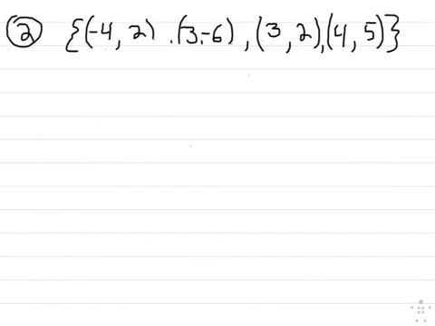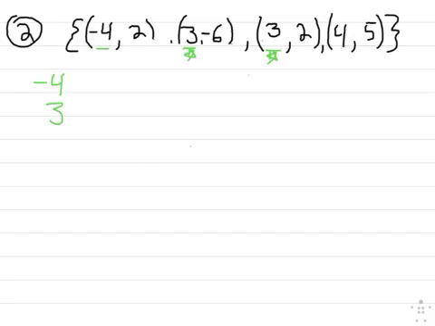All right, here's another example. Let's do the same thing and draw our mapping out. Let's do domain first: -4, 3, oh, there's another 3, so let's star these. We don't need to write 3 twice, right? 3 is only one number, so I don't need to write it out twice.